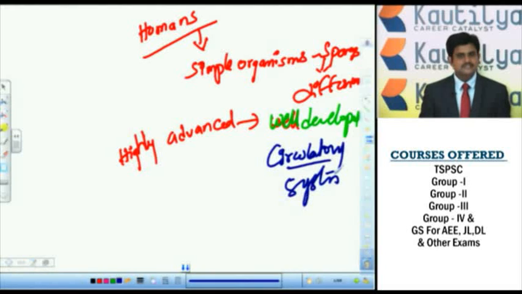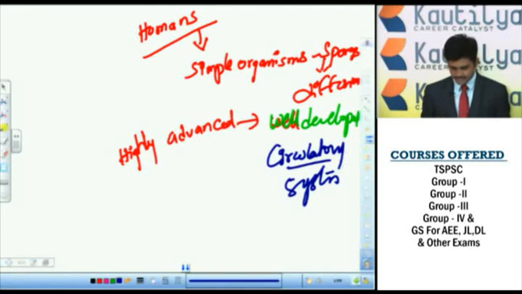So what actually will the circulatory system do? The circulatory system helps in the transfer of, as I told you, proteins, hormones, enzymes and nutrients. All these substances are transported from one part of the body to the other part of the body.